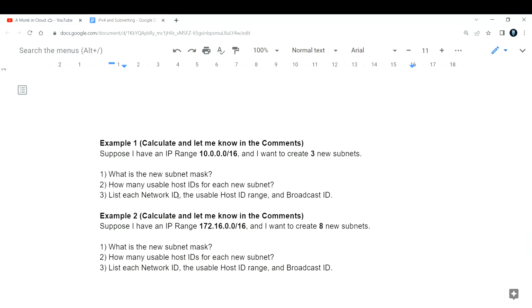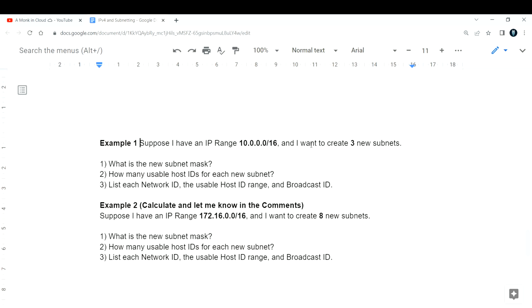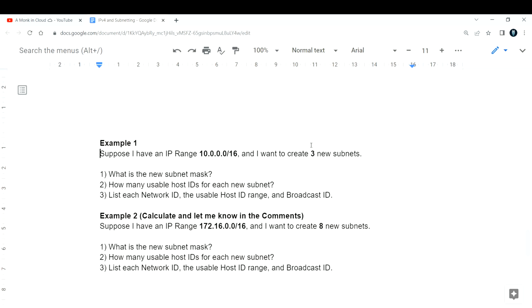Now let us take an example and start working on it. So how to calculate a subnet? When you work, what you will be provided is this. They will provide you the very first statement: I have a range of IP addresses. This is my range, 10.0.0.0/16, and I want 3 subnets.